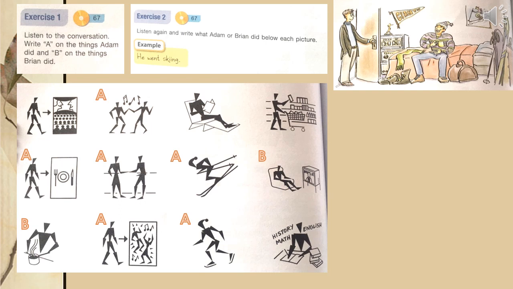And then he did a lot of homework. And then he read a lot of books. He also went out. What did he do when he went out? He went food shopping, right? And the last thing that he did was he went to see a movie.